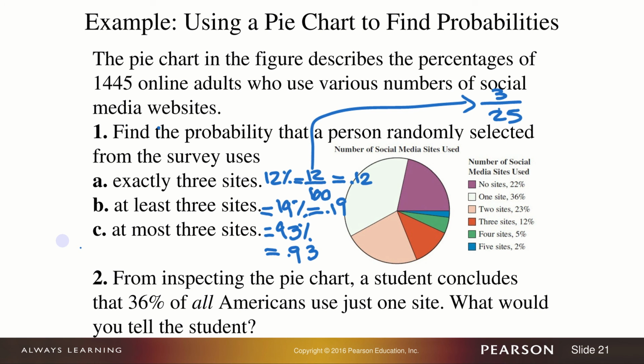Again, if you want to know at most 3 sites, that means all but these two. So the easiest way is just to combine those two. That's 7%. What's that from 100%? 93%. But those should give you the same thing. I think I just added them wrong in my head.